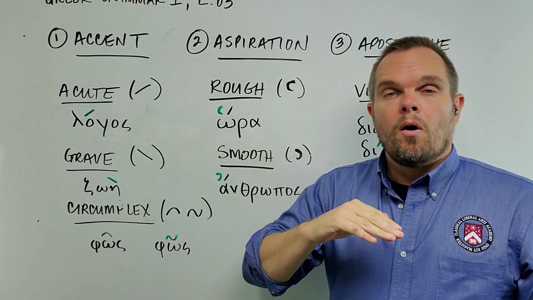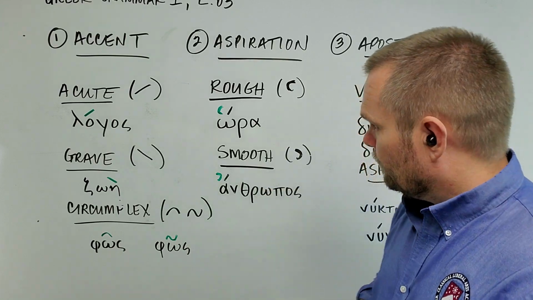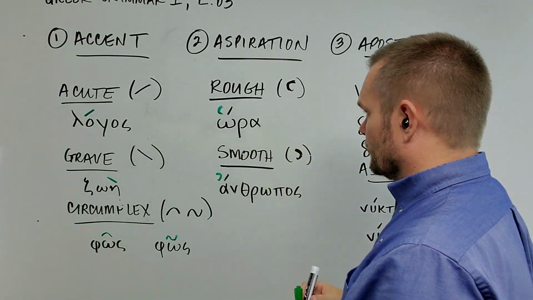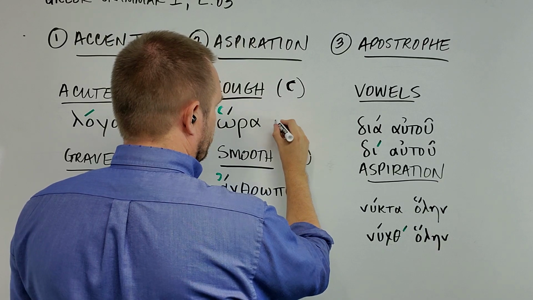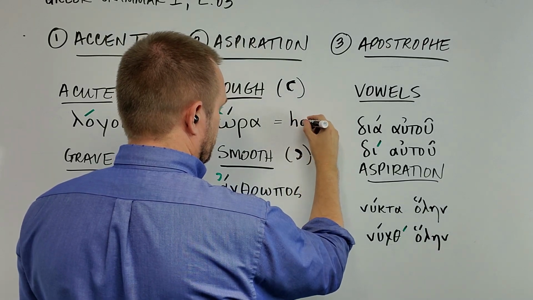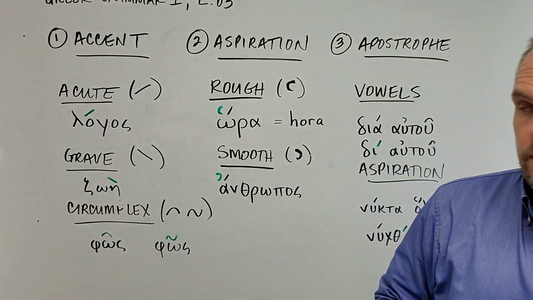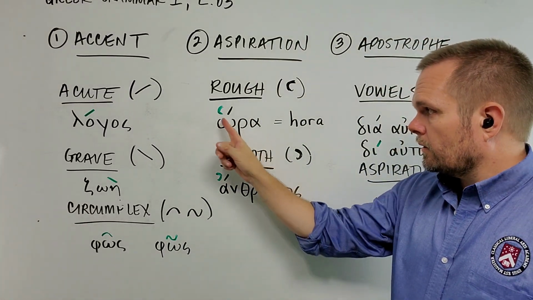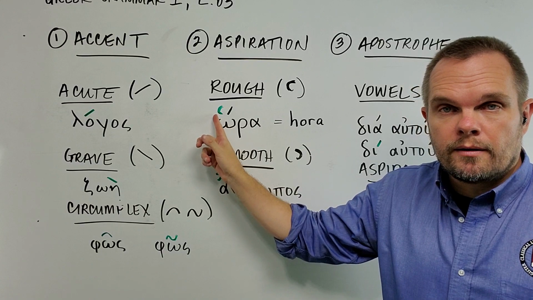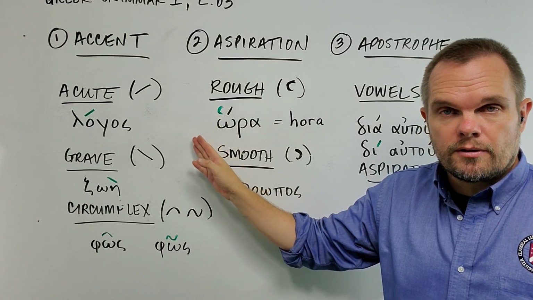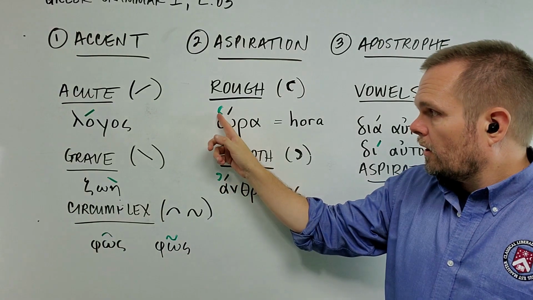Hora, hora. If we were to turn this into English letters, we would write H-O-R-A. The aspiration mark is like adding an H before that letter.